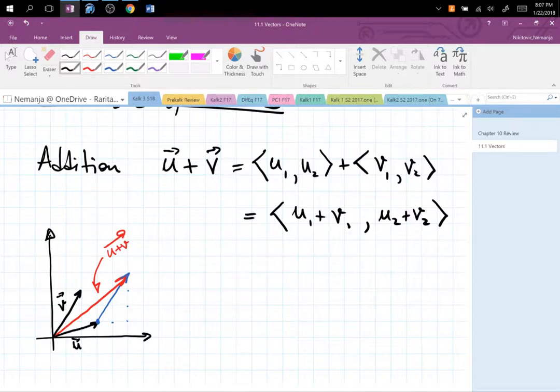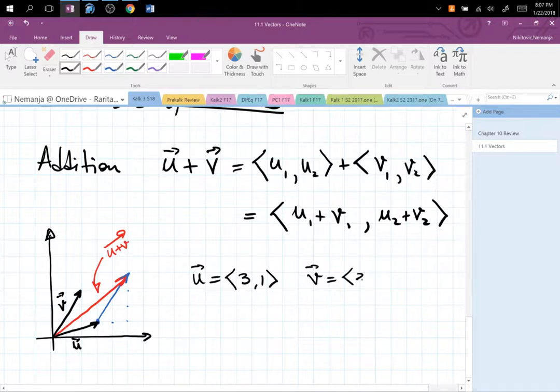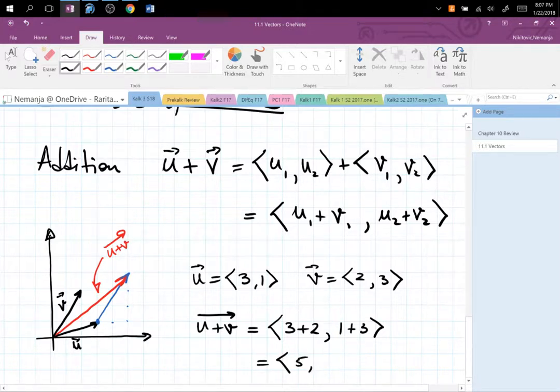Now, to move this into the writing, we have our vector u as ⟨3, 1⟩, and we have our vector v as ⟨2, 3⟩. u plus v as a vector is going to be ⟨3 plus 2, 1 plus 3⟩, which gives us the vector ⟨5, 4⟩.